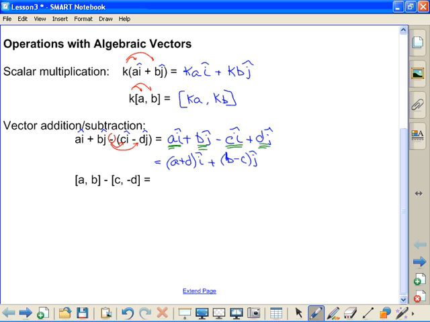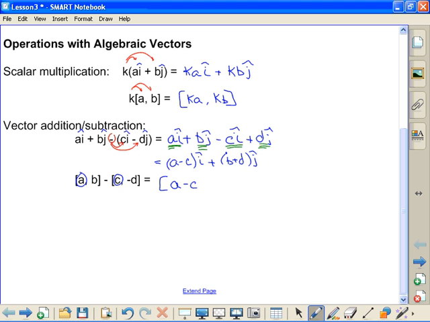If you're doing it in coordinate form, this simply becomes adding your x components, or subtracting in this case, so a minus c. Oh, and the one above had a bit of a brain cramp, right? That should be a minus c. There we go. And the other one should be, whoa, big brain cramp here, b plus d.